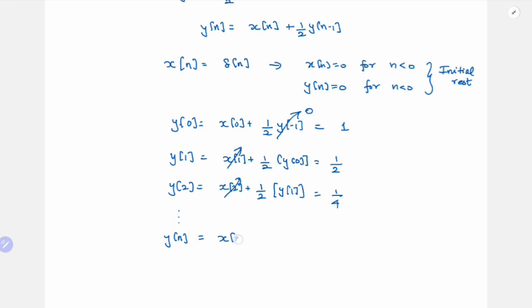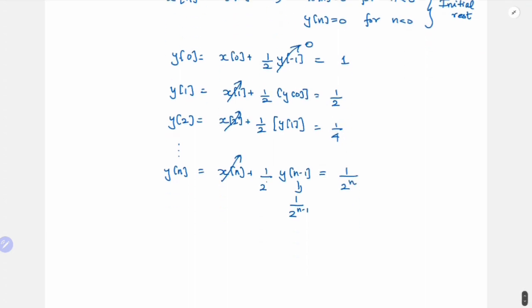You will get x of n plus 1 by 2 into y of n minus 1, but your y of n minus 1 will be nothing but 1 by 2 power n minus 1. Correct? So your y of n will be 1 by 2 power n. This is anyway 0, but for n less than 0, your y of n is 0.